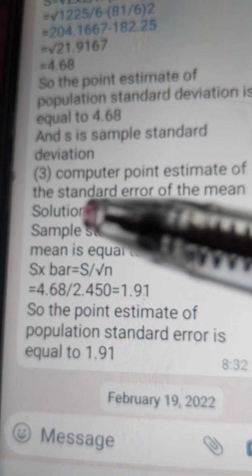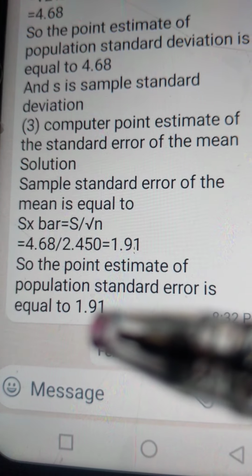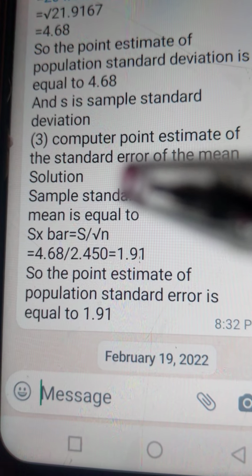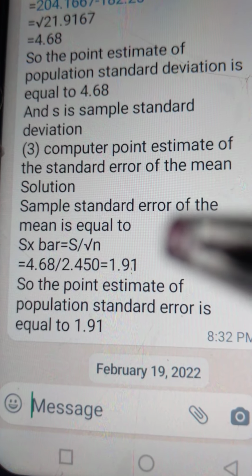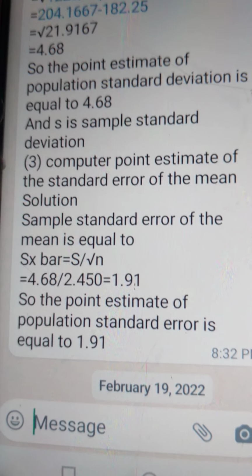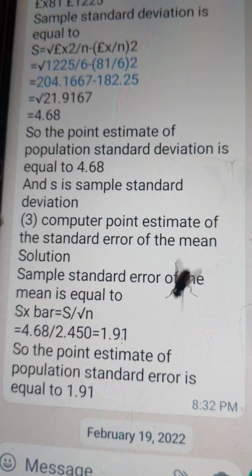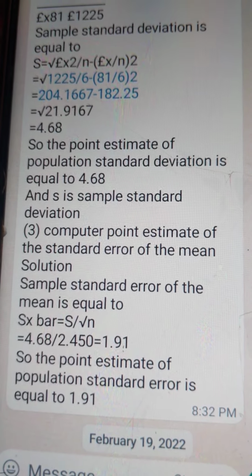The answer of the third point of this question is 1.91. We have already told you in the class. So this is the solution of point third. So this was all the paper, the solved paper of Stat 701. Thank you.